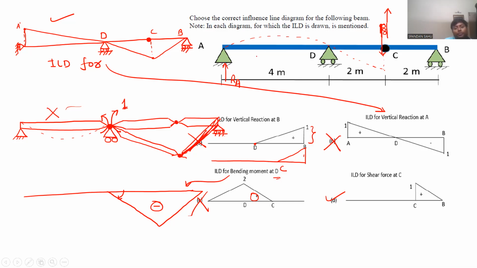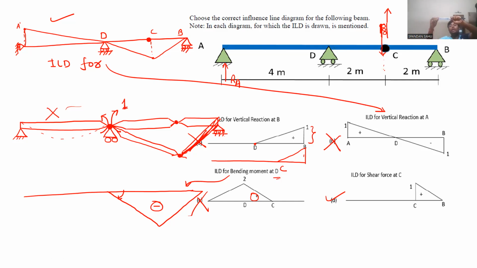See the screen. Suppose this is point D, this is point A, and this is point C. This joint D cannot move in the upward direction, meaning vertically, it cannot move.